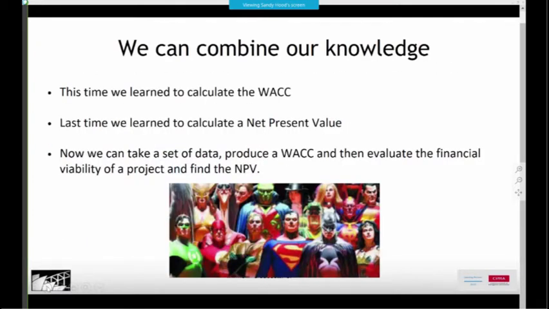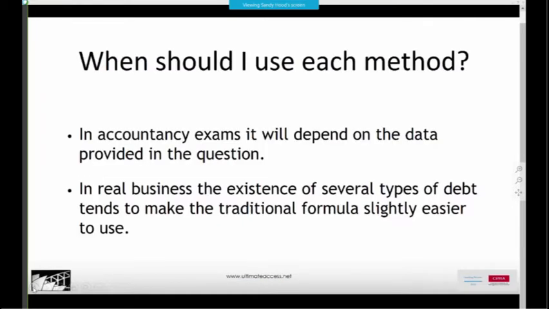So I think we must be quite close to the end. In accounting exams, it will obviously depend on what information you've been given. In real life, there is the existence of several types of debt. So it's quite nice for us: we might have 3 or 4 sections, perhaps at the most, in an exam. In the ones that we've looked at up to now, we only had 2. But in real life, you may have a mixture.